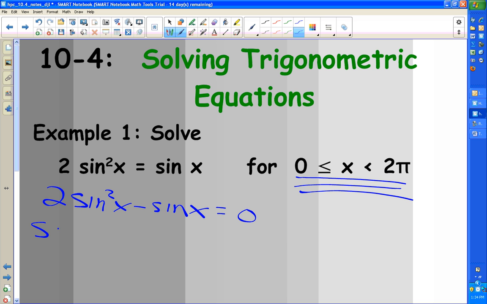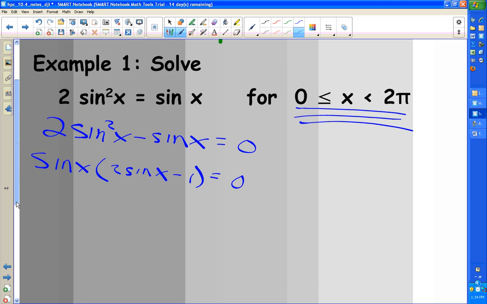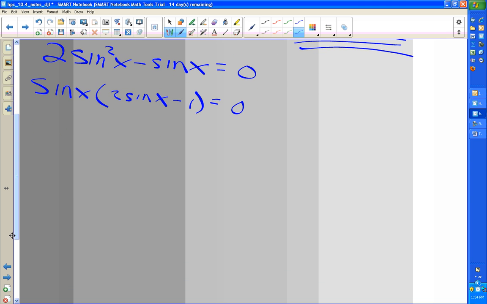So you pull out a sine x, you're left with 2 sine x minus 1 is equal to 0. What do we do here? Sine x equals 0, and 2 sine x minus 1 equals 0.